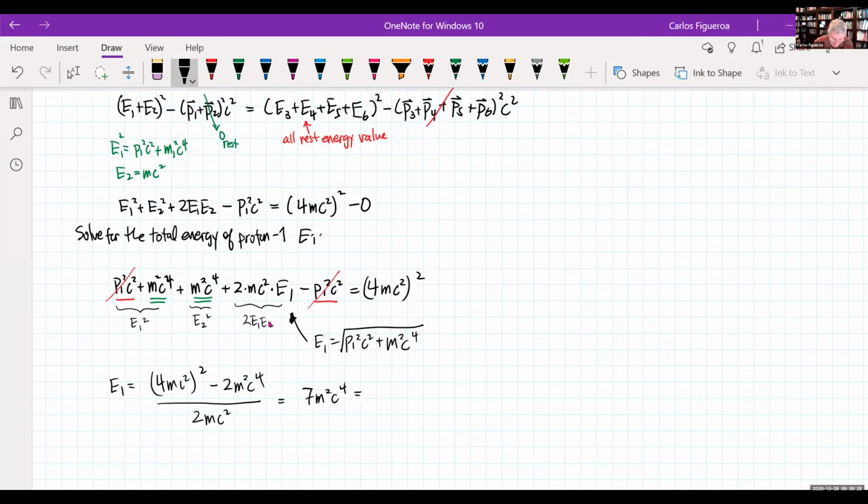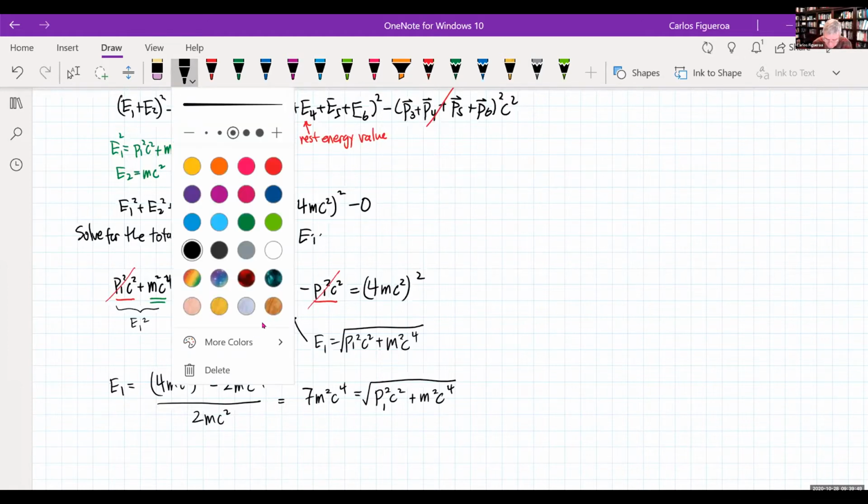But I know that this guy is going to be the square root of P squared c squared plus m squared c fourth. So ultimately, we don't care about the rest mass. We're interested in P1C.